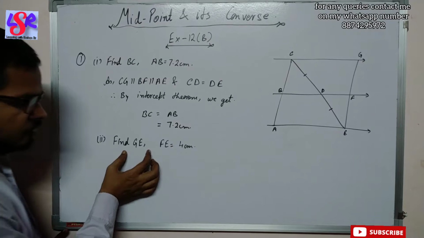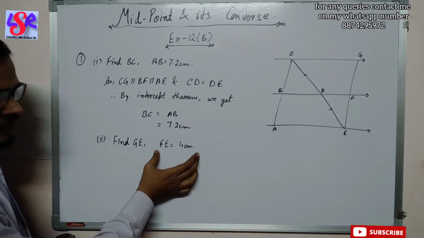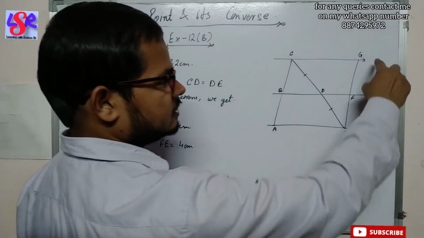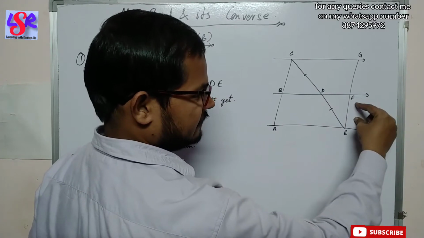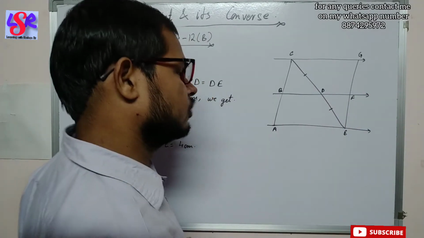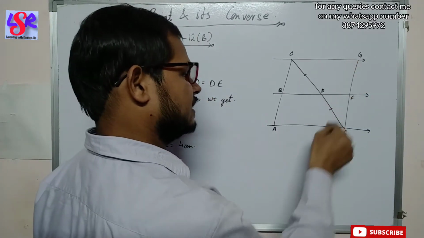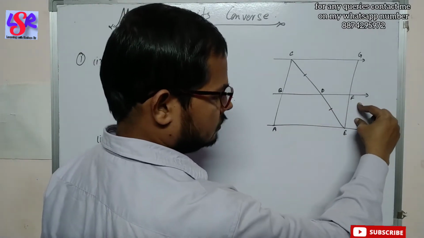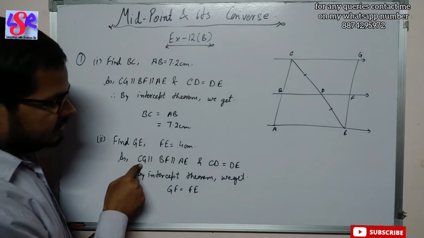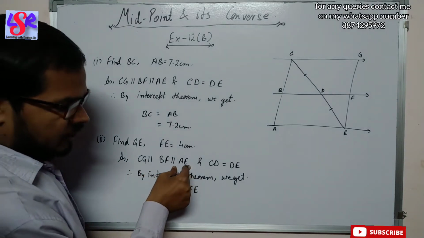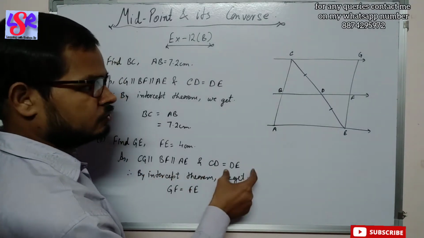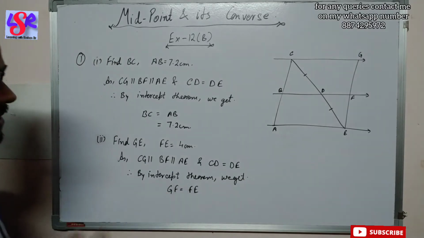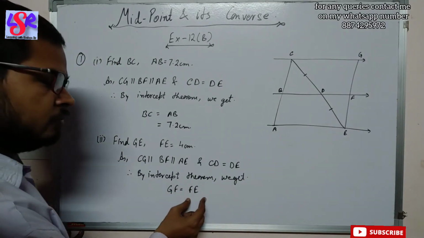In this part we have to find the value of GE, in which FE equals 4 centimeters. So we have to find this whole length GE, and this FE is 4 centimeters. Again, these three lines are parallel. This is equal to this one, therefore this will be equal to this one. As CG is parallel to BF is parallel to AE and CD equals DE, therefore by the intercept theorem we get GF equals FE.